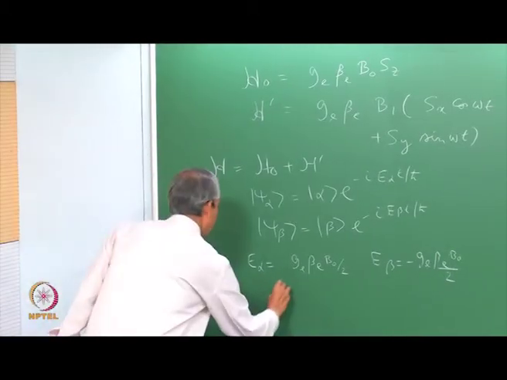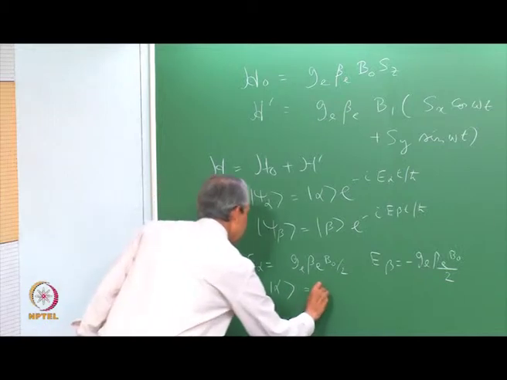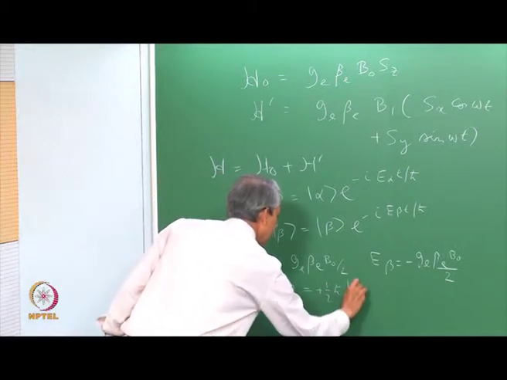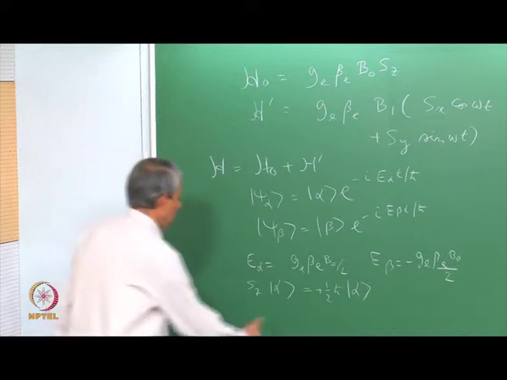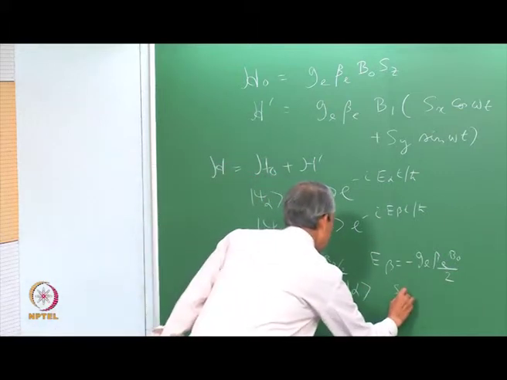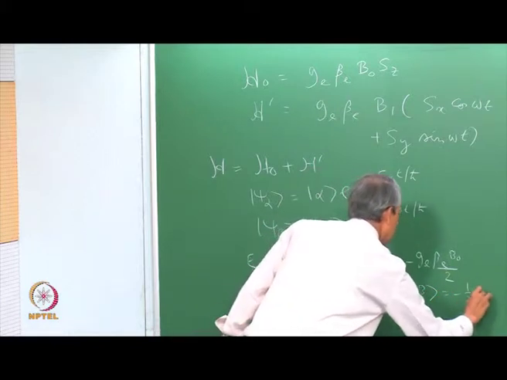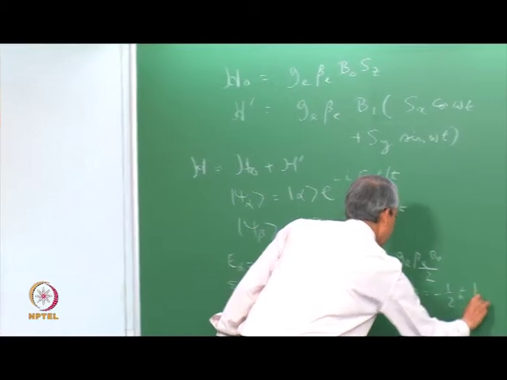And of course, alpha corresponds to the spin angular quantum number of plus half, and beta corresponds to the minus half component.